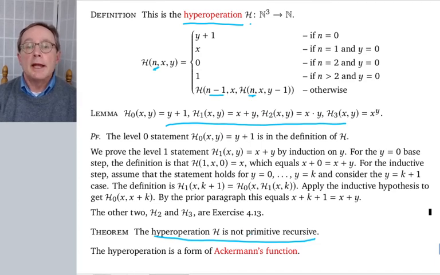It can be made according to that scheme that we talked about. Any level k H is primitive recursive. But you cannot compute them all at once. H, where n is a variable instead of a parameter, is not primitive recursive. So that's awfully interesting.